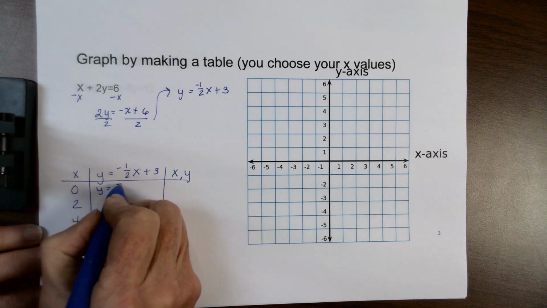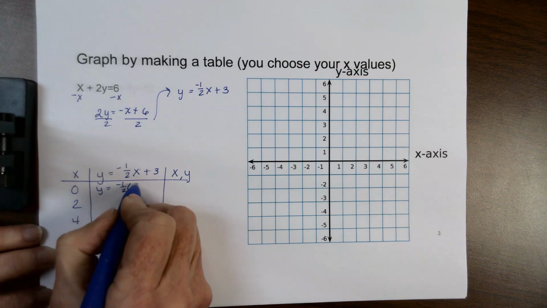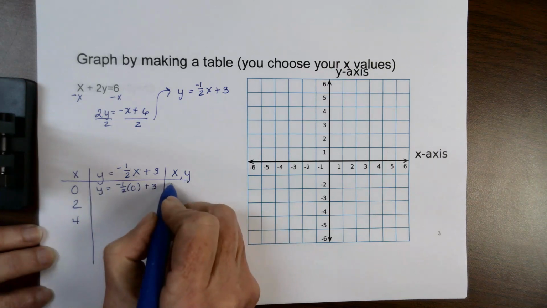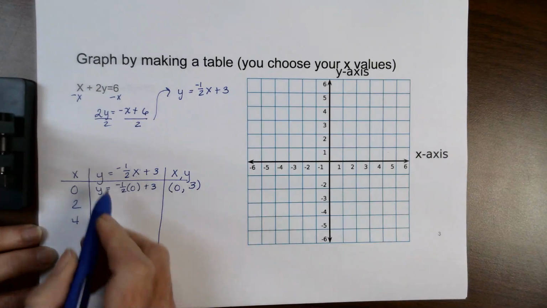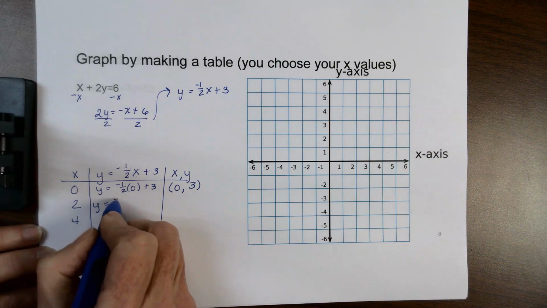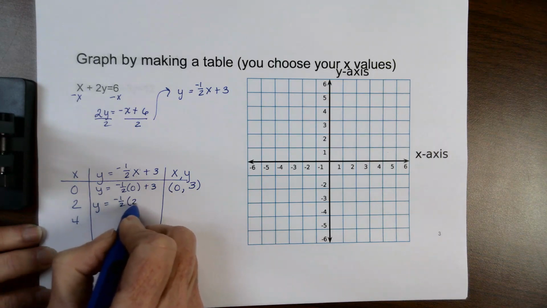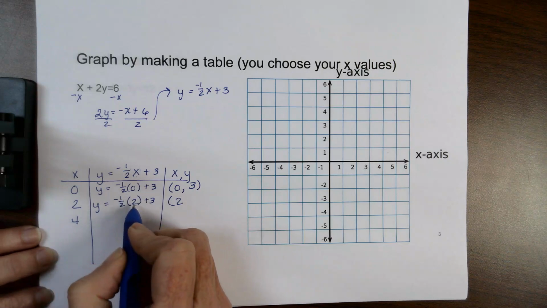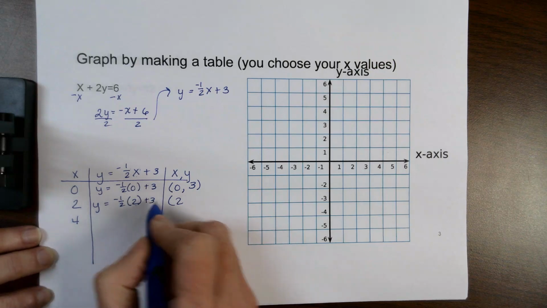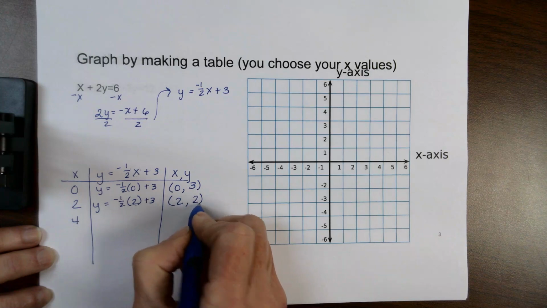So I have negative 1/2 times 0 plus 3. So that's going to give me a point of 0, 3. And I can do negative 1/2 times 2 plus 3. So half of 2 is 1. It's going to be a negative 1 plus 3 is a positive 2.